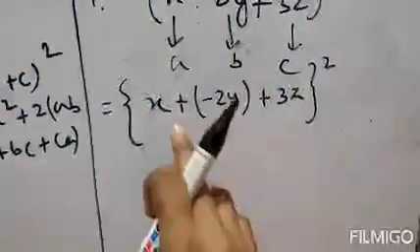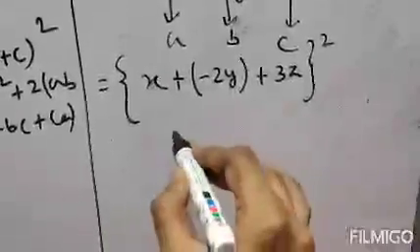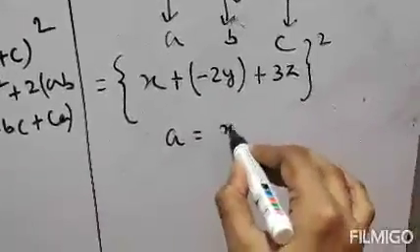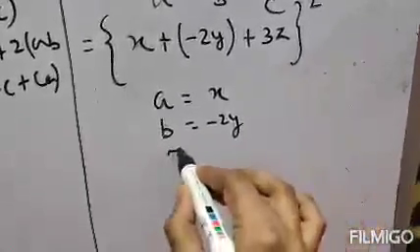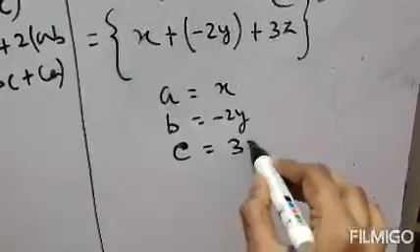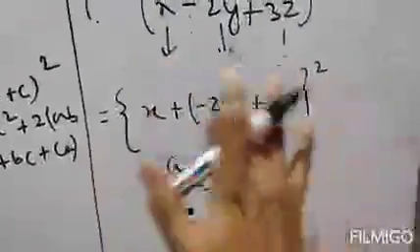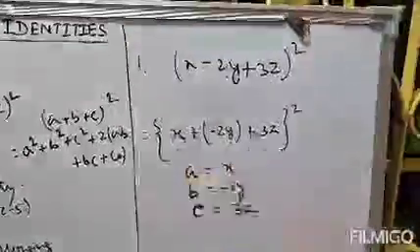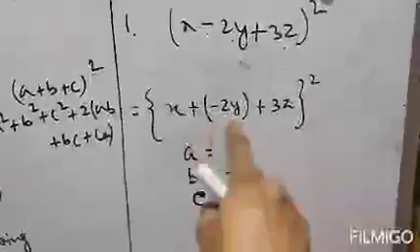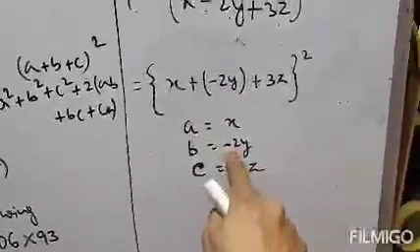Therefore you can write a equals x, b equals minus 2y, and c equals 3z. So you have to arrange this as per the formula. All the signs are plus, and we have to consider the minus sign.